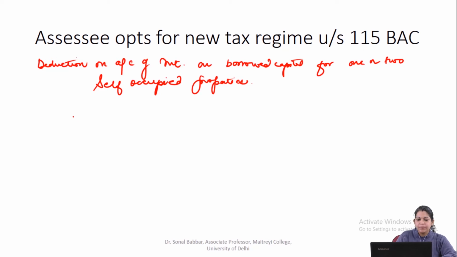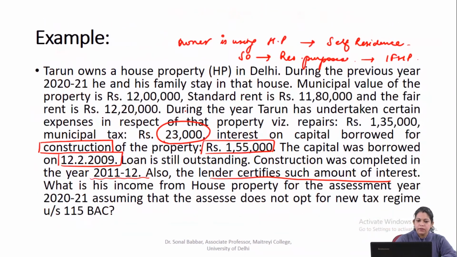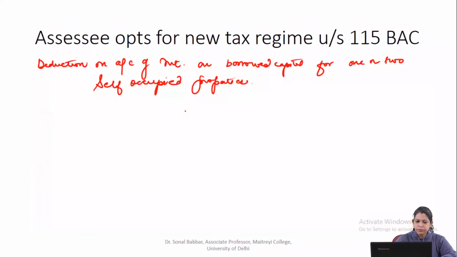Now, what does that mean? If we have to compute IFHP in case of the same example where Tarun owns this house property and we need to compute the value, no deduction will be available. So this deduction has been withdrawn under the new tax regime under section 115BAC.